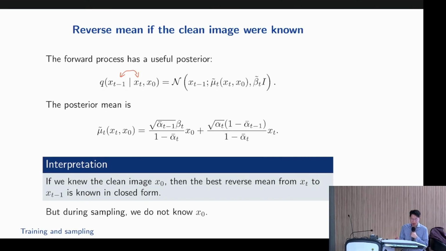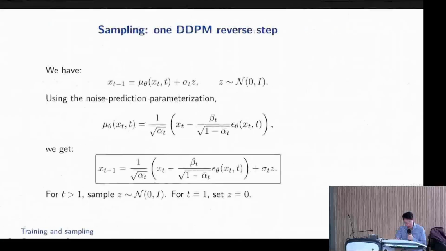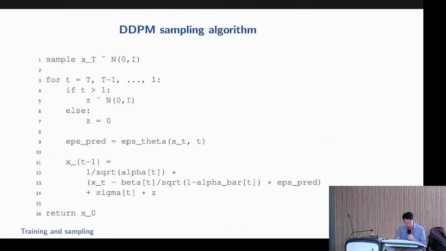So the forward process, the posterior of the forward process is also Gaussian distributed, where the mean follows this equation here. So it looks a little bit complicated, but you can derive it yourself.